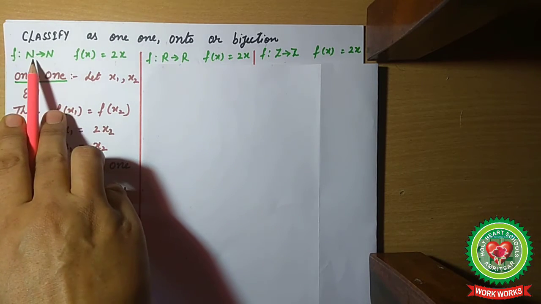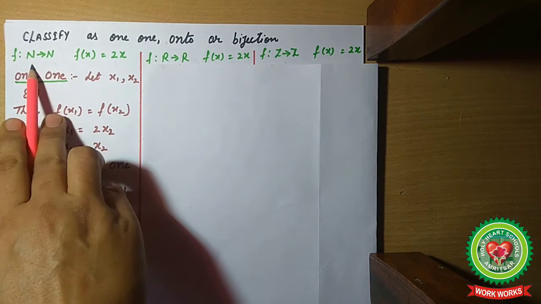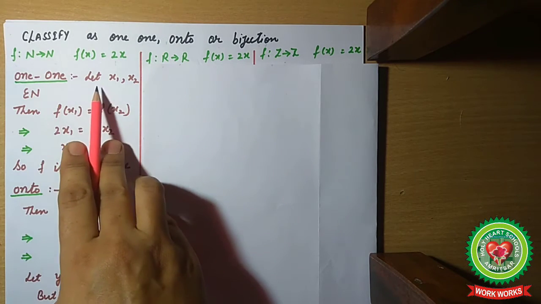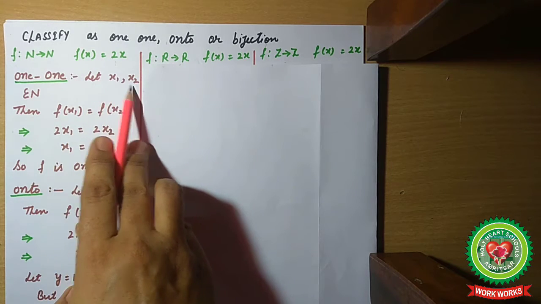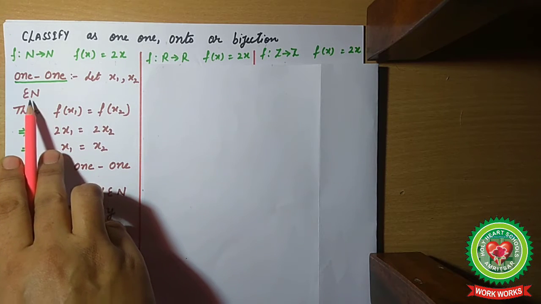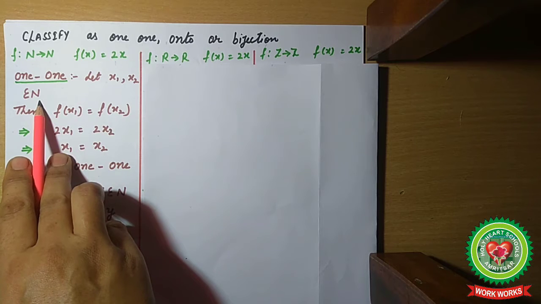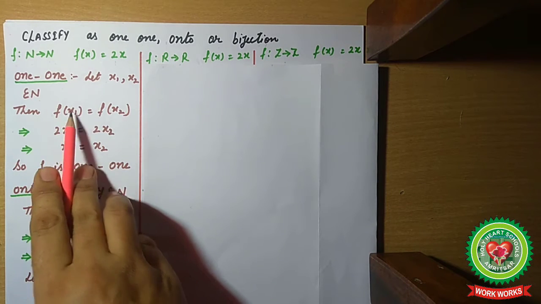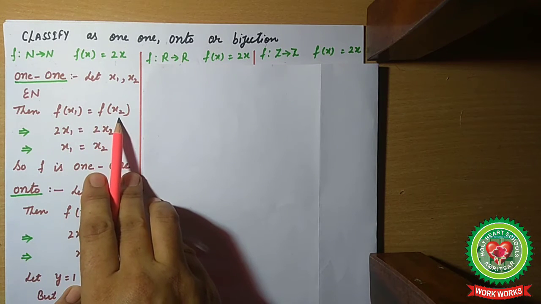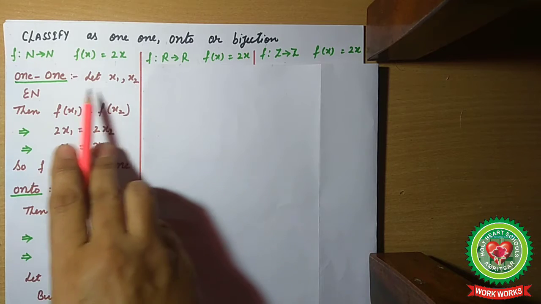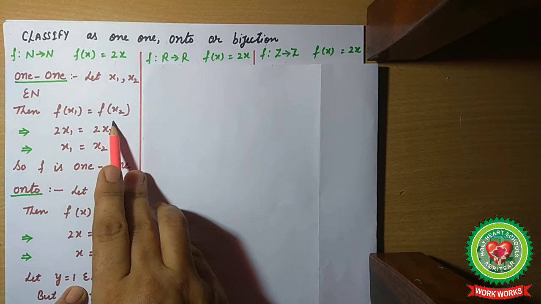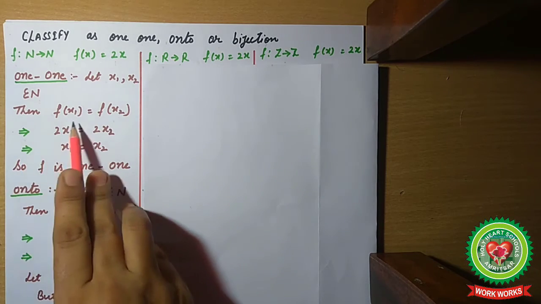Now the function from N to N, natural numbers to natural numbers. For the one-one function, let us suppose x1 and x2 are any two elements which belong to the natural numbers. We will solve every question in the same pattern. Suppose f(x1) = f(x2).